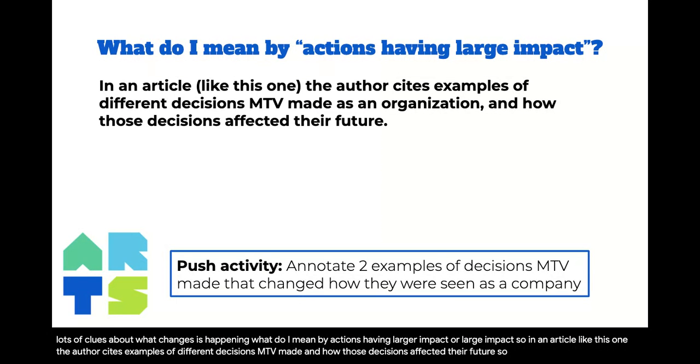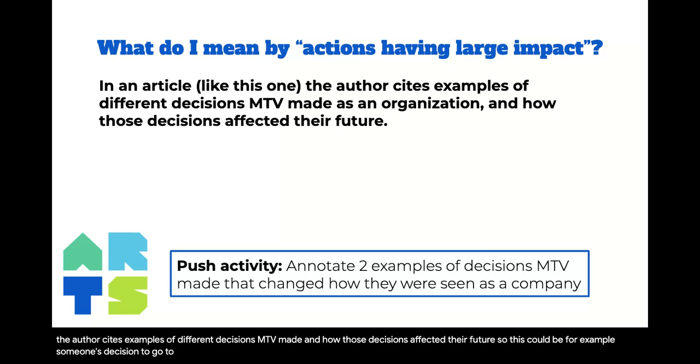So this could be, for example, someone's decision to go to school even when they're sick could have affected the future by then getting their teacher sick and then everyone misses good lessons, right?